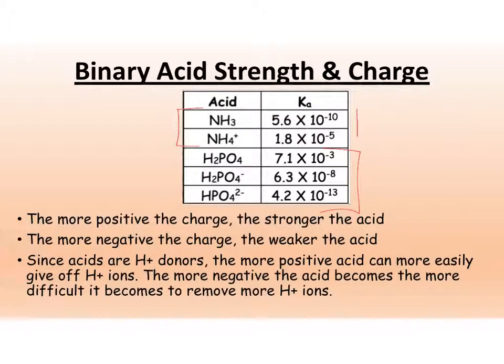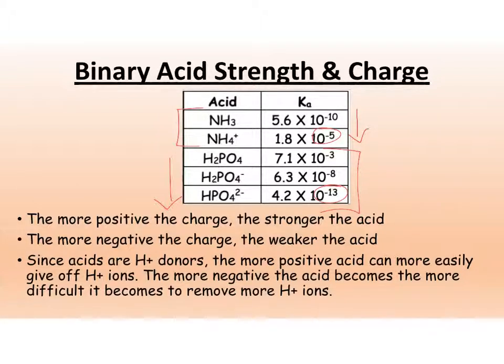As it gets more positive, it seems that the Ka value is going up, which tells me my acid is getting stronger. So the more positive the charge is, the stronger the acid. Now, on this H2PO4, we see that the more negative the charge becomes, the smaller my Ka becomes. So the more negative it is, the weaker the acid it is.